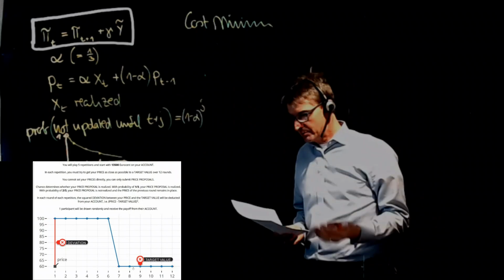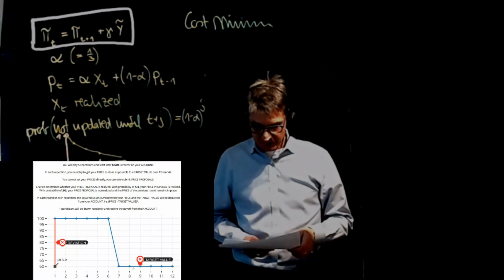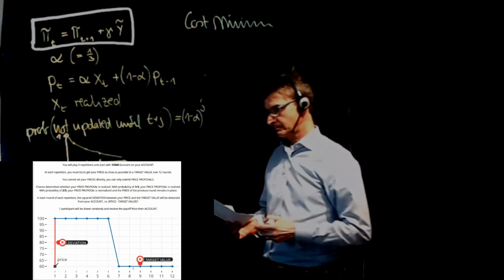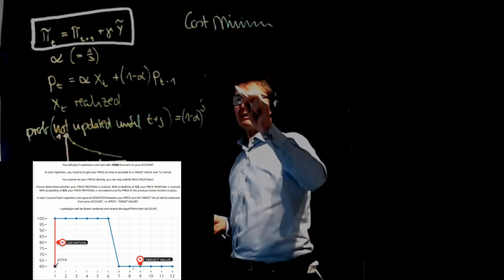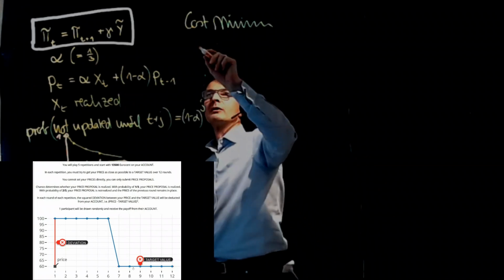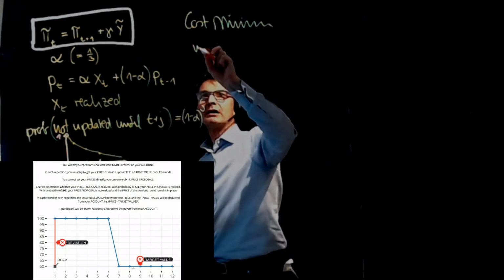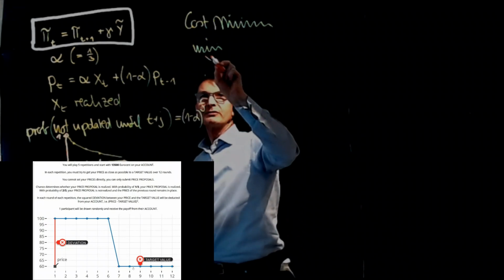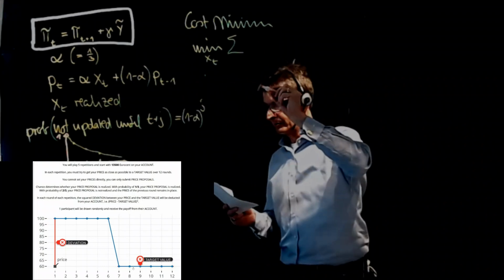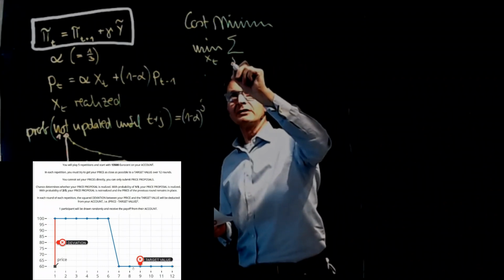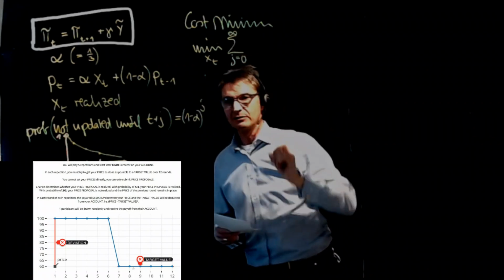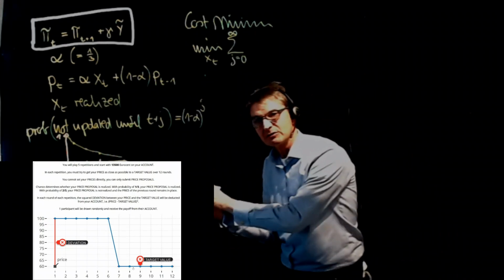What we're looking for is a cost minimum. And what we want to minimize is the sum of all future squared deviations. Our task is to minimize, by choice of x_t, the sum starting from my running index j equals 0 and until infinity. Well, basically in the game it only runs until around 12.